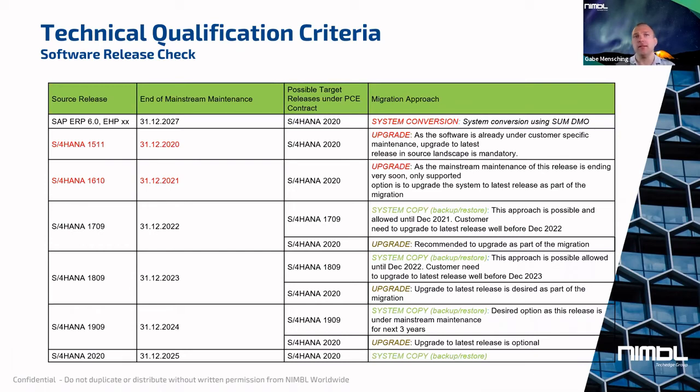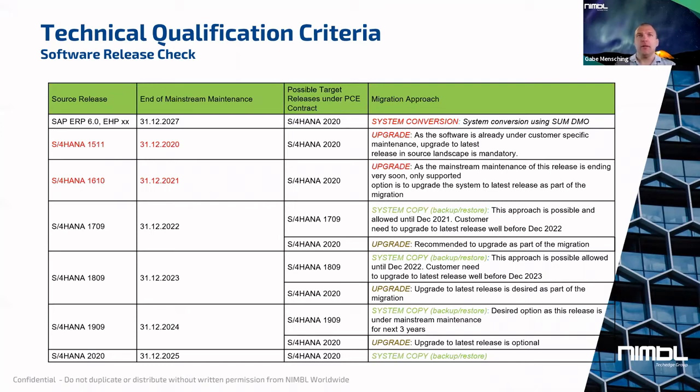For 1610 customers, that support is ending mainstream maintenance at the end of this year, 2021. SAP is going to require you to upgrade to the latest release as part of the migration. So that means you can migrate over to PCE, then do your upgrade to S4HANA 2020.